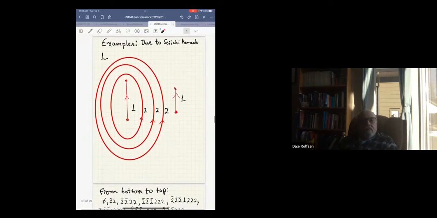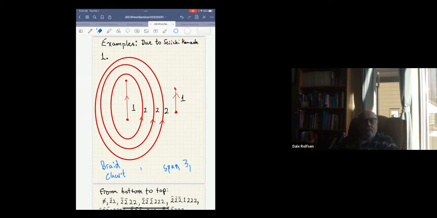So this example is a braid chart for the spun trefoil. Excuse me, I said 2-twist spun; it's for the spun trefoil.